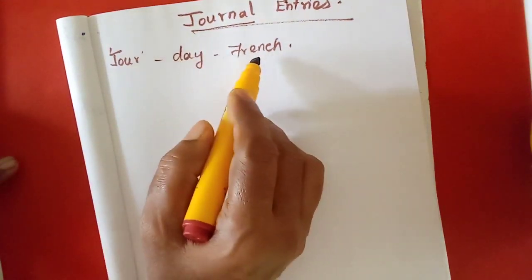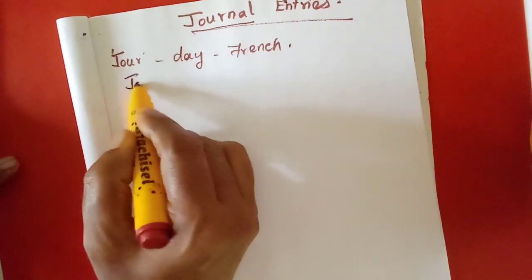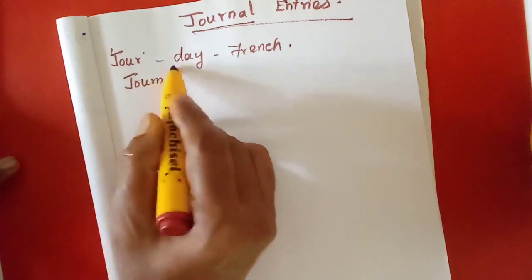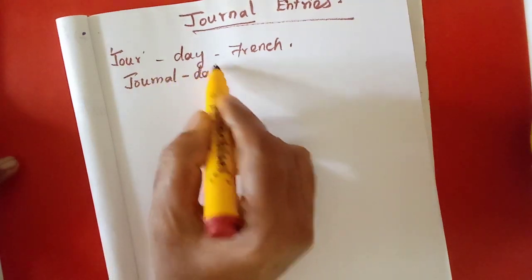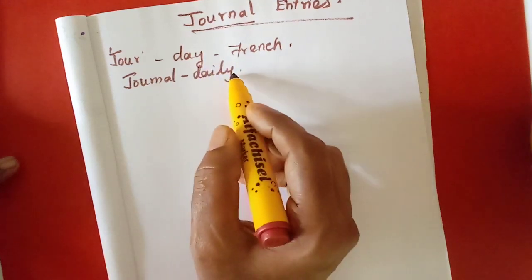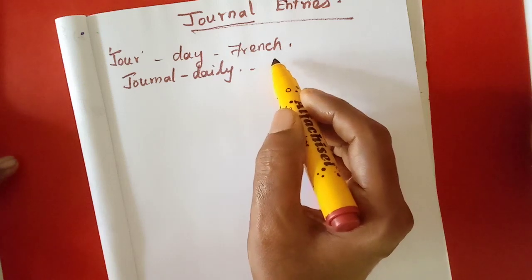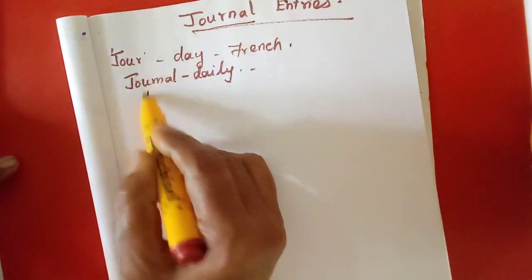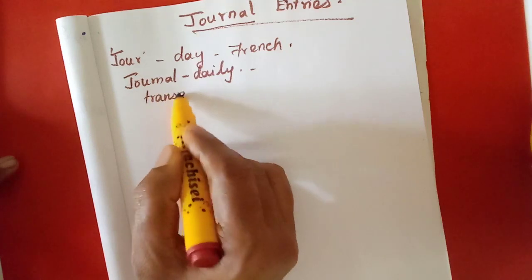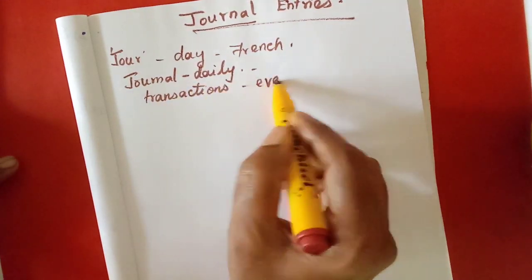Okay. So what is journal? Journal is called daily. So from this we can understand that daily we are entering the entries in the books of accounts. Okay, all the transactions are entered in the books of accounts every day.